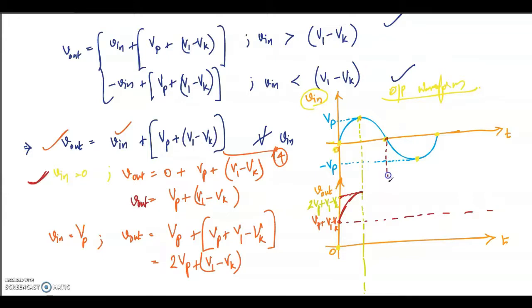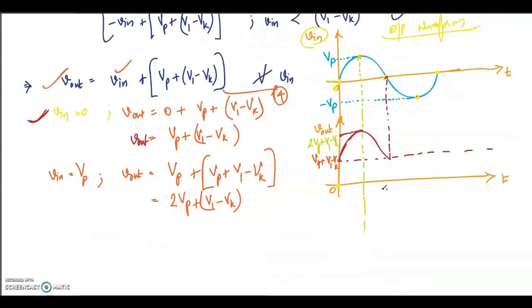So corresponding to this, we have here Vp plus V1 minus Vk. Next one we do not have in hand. We have to calculate when Vn is equal to minus Vp. What is the corresponding value of output? Let us plot that.